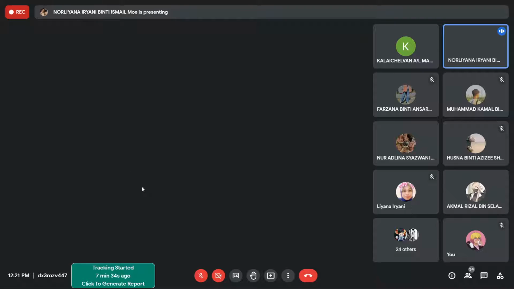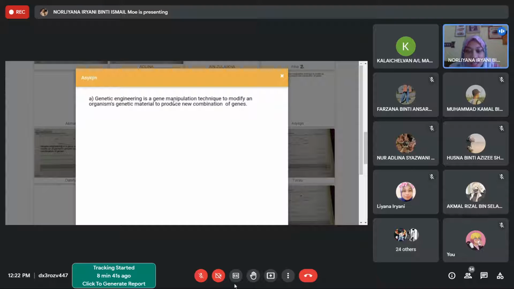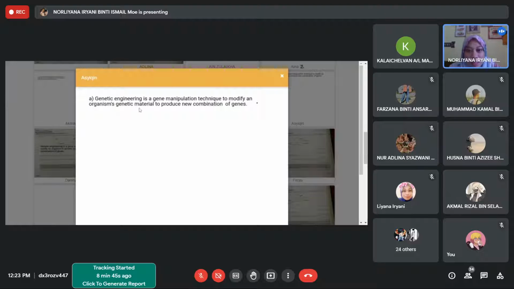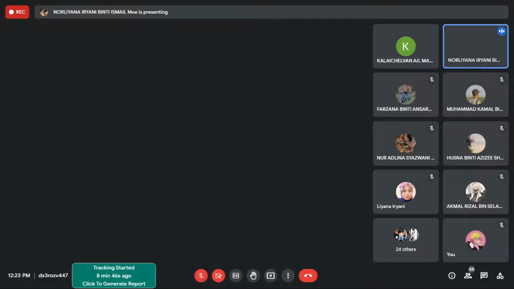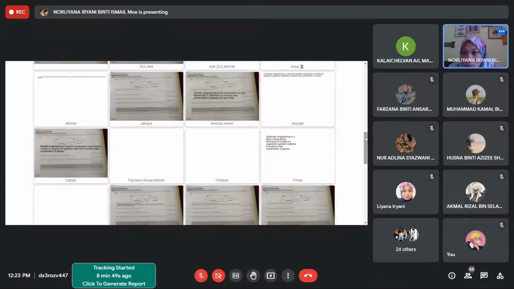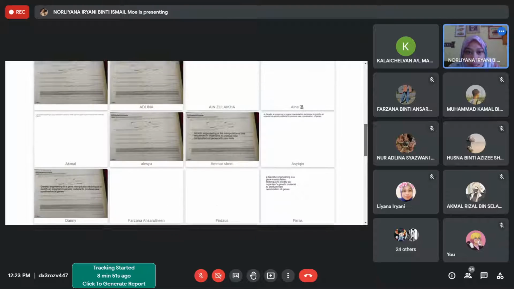Tengok Danny: gene manipulation technique to modify this new combination of genes. Okay. We'll see your friend's answer. Shikin: genetic engineering is a gene manipulation technique to modify an organism's genetic material to produce new combination of genes. Okay. I want to see the rest.